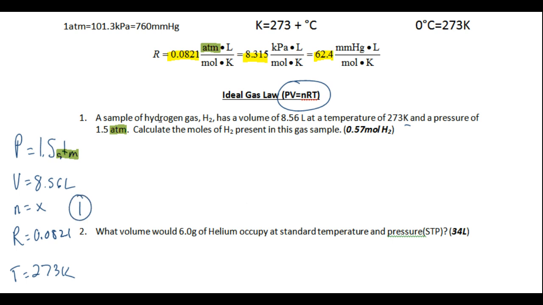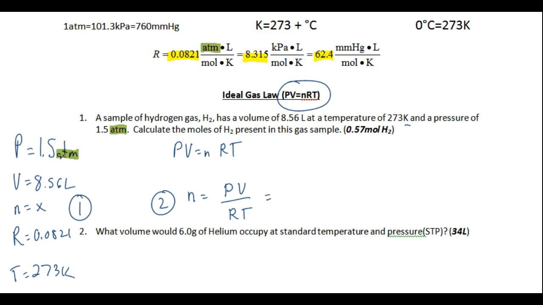The second step deals with the algebra, PV equals nRT. And so we're solving for moles, so I'll rearrange for moles, dividing both sides by RT to get n equals PV over RT. And then the third step would be the plug and chug.